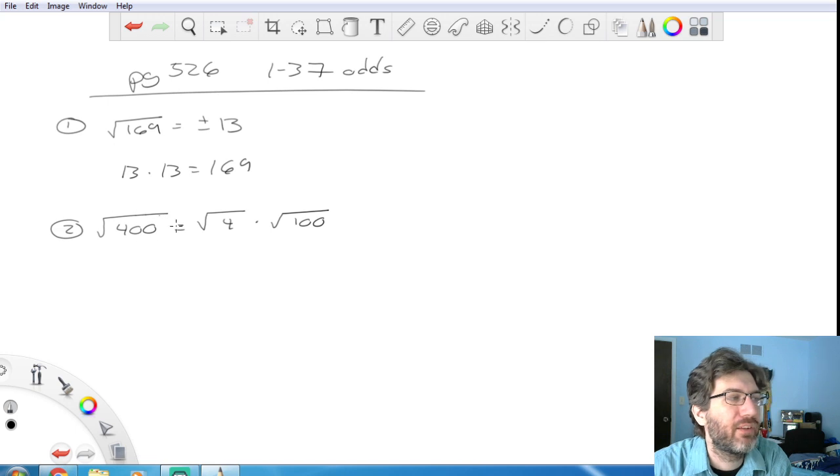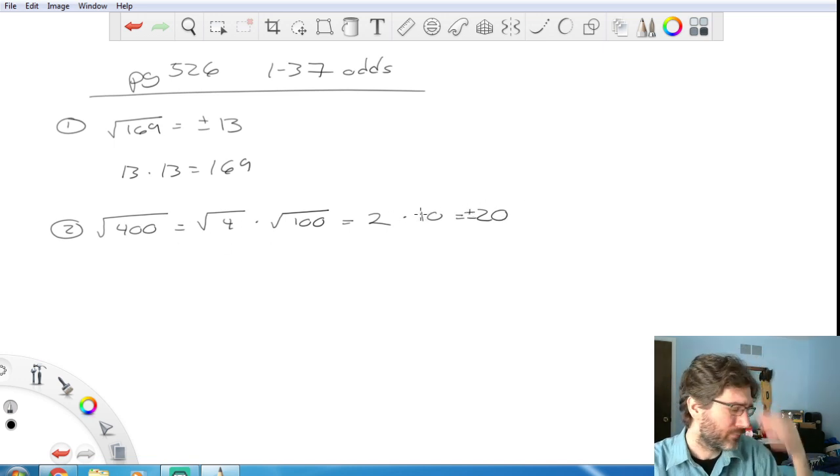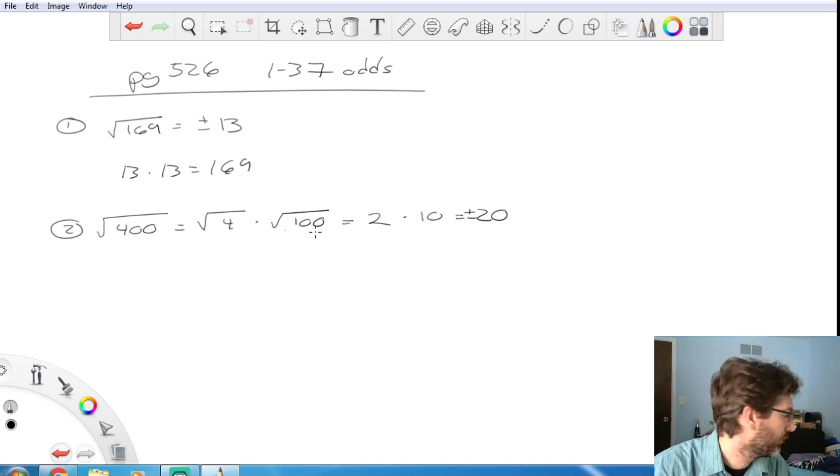You can factor that and split that up. I know 2 factors of 400, 4 times 100. And in this case, I know the square root of 4, which is 2. And I also know the square root of 100, which is 10. And therefore, you're going to get 20. And again, it's plus or minus because it's a square root. So things like that you could probably figure out. You can break up. I'm not sure what other ones do that I assigned to you today.